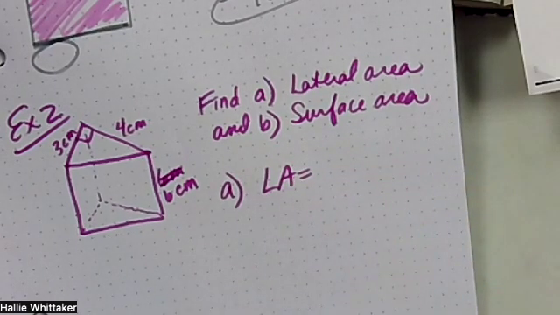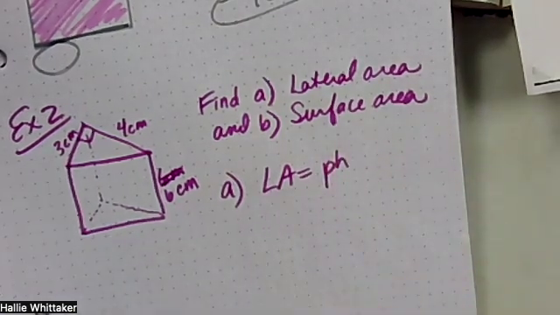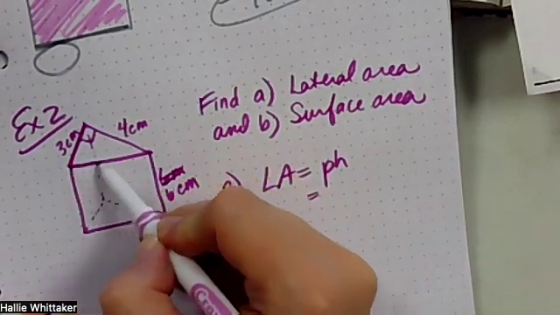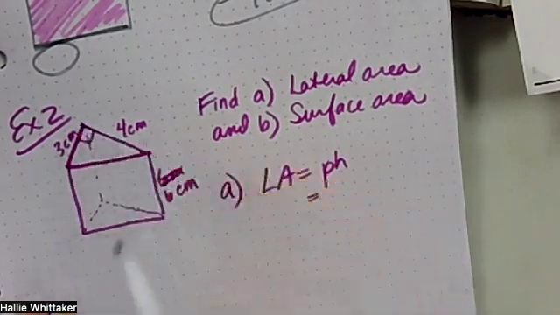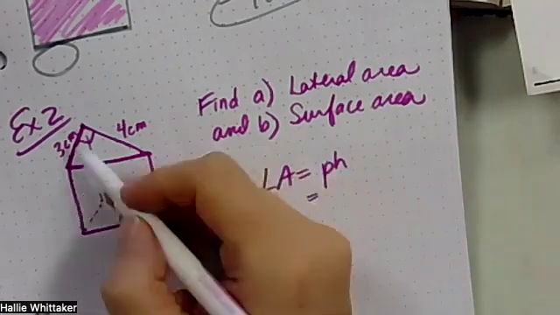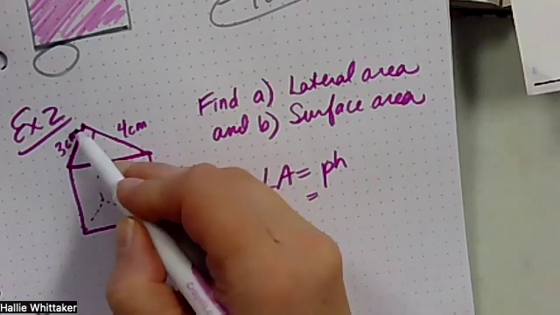The perimeter times the height. Okay, so we've got to start off finding the perimeter of this triangular base. Do we have everything we need for the perimeter of this base?